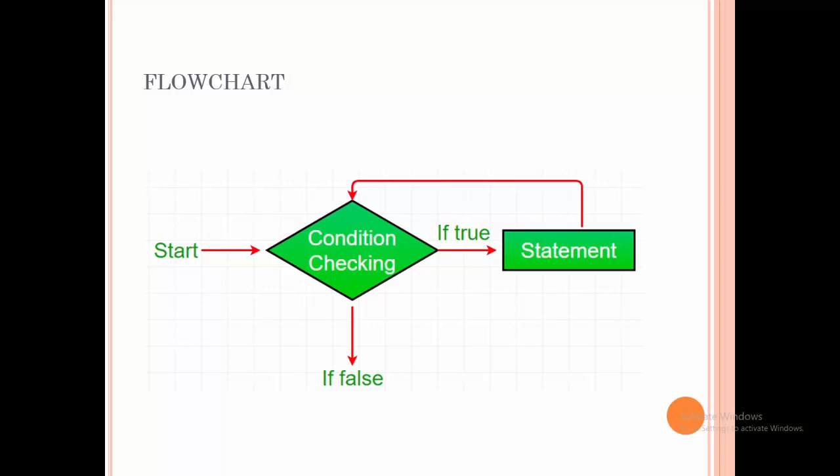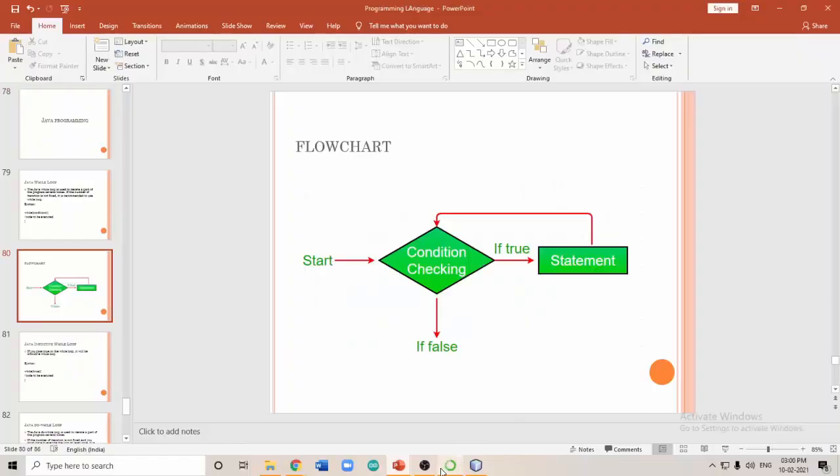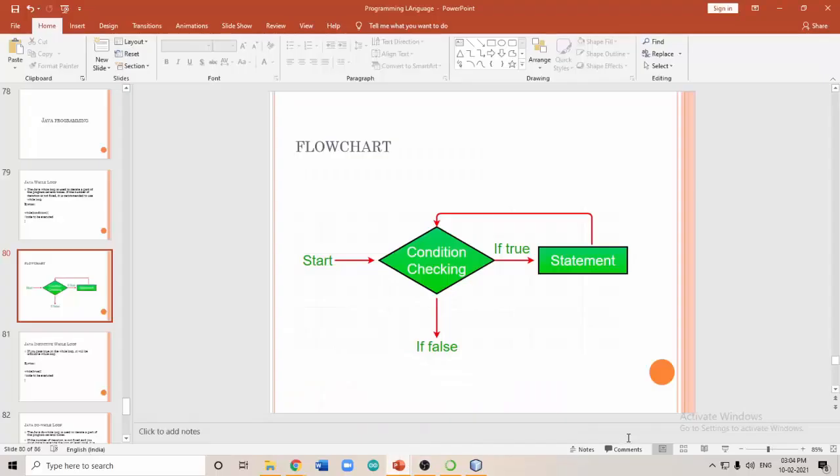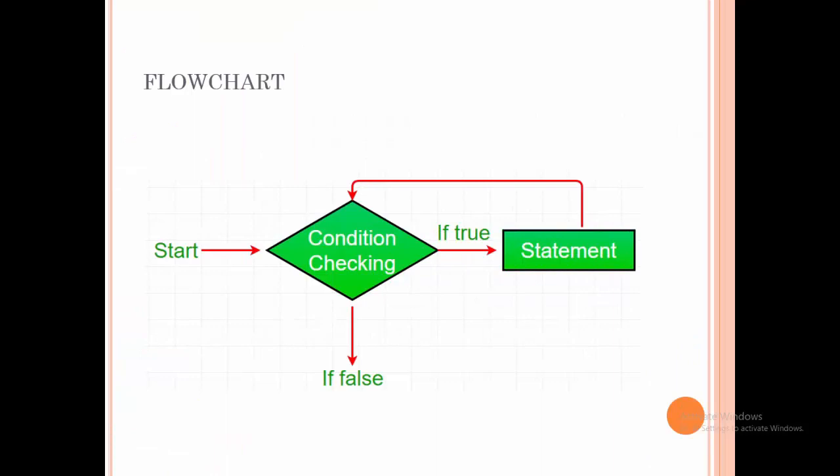If it is true, the statement will again get executed. So the flow is start, condition checking. If it is true, the statement gets executed until the condition becomes false.